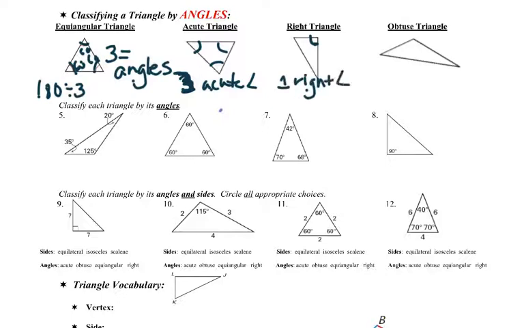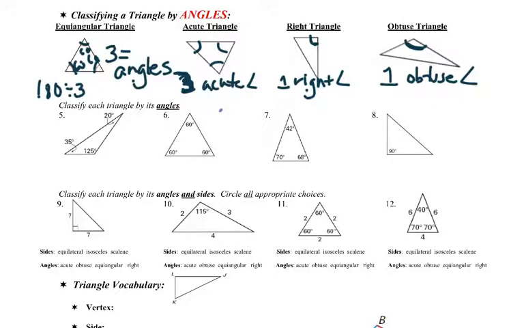You can't have a triangle with more than one right angle. You couldn't even make it, right? It wouldn't be a triangle anymore. So a right triangle can only have one right angle. And an obtuse triangle can only have one obtuse angle. So equiangular, 3 equal angles; acute triangle, 3 acute angles; right triangle, 1 right angle; and then 1 obtuse.